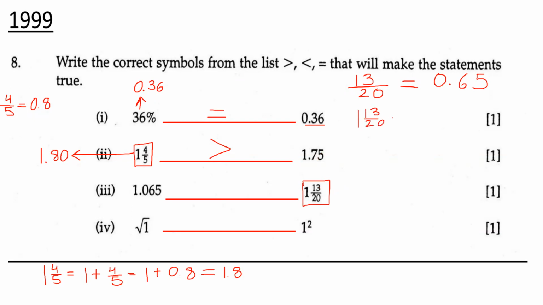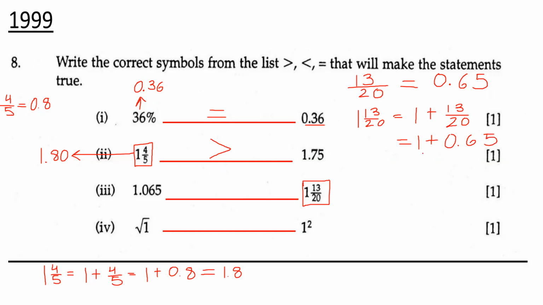That's going to be equal to 1 plus 13 over 20. But what is 13 over 20? It's 0.65. So it's going to be 1 plus 0.65, which is 1.65.